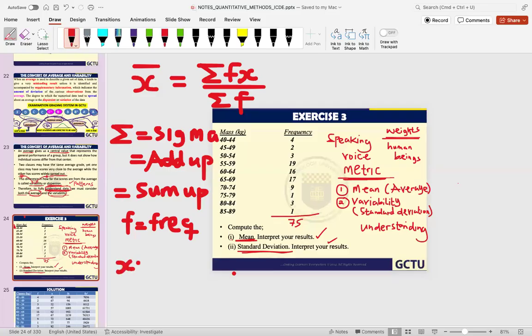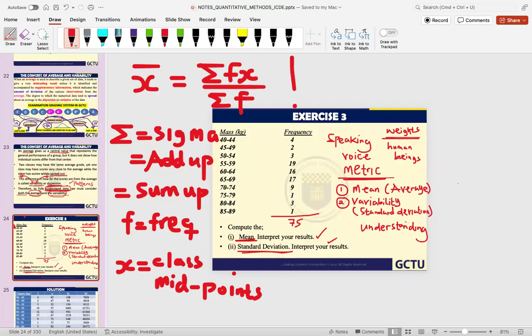X will represent the metric or class midpoint. Class midpoint. And I know you have seen this formula severally from JHS through SHS. That's what we use for the mean.